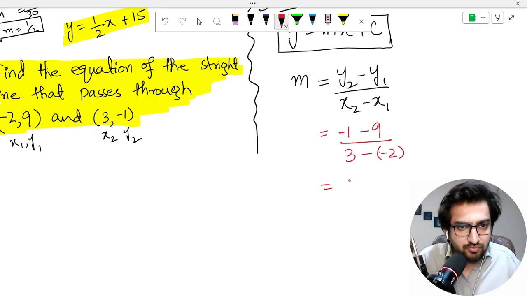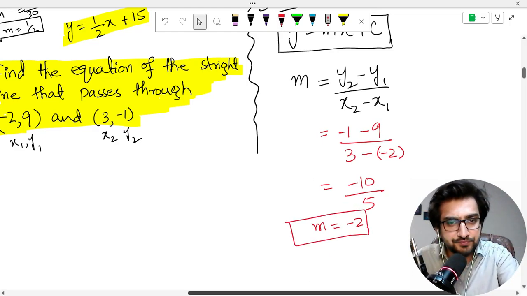So minus 1 minus 9 is minus 10, divided by minus, and minus will become plus, 3 and 5 will become 5... 3 plus 2 will become 5. So it means m is equal to minus 2. We found that gradient is equal to minus 2.